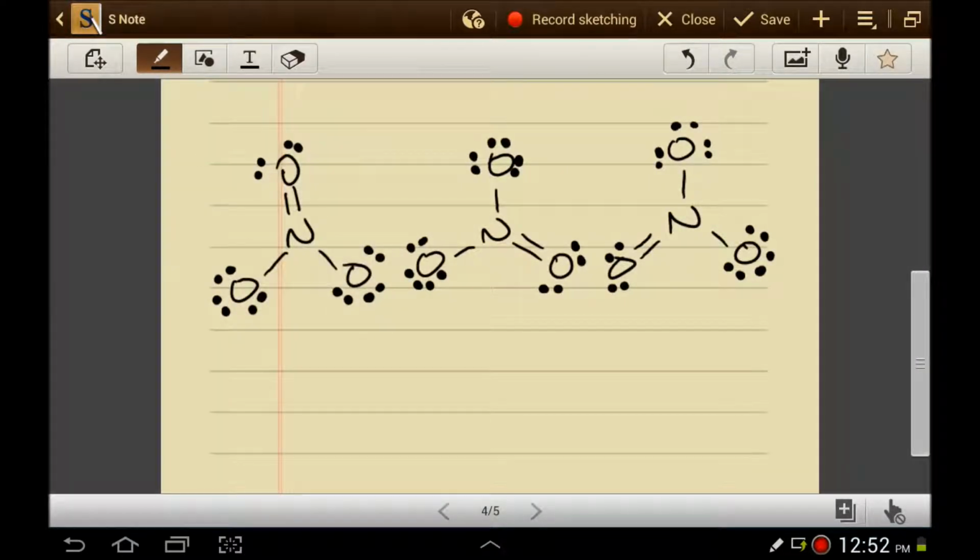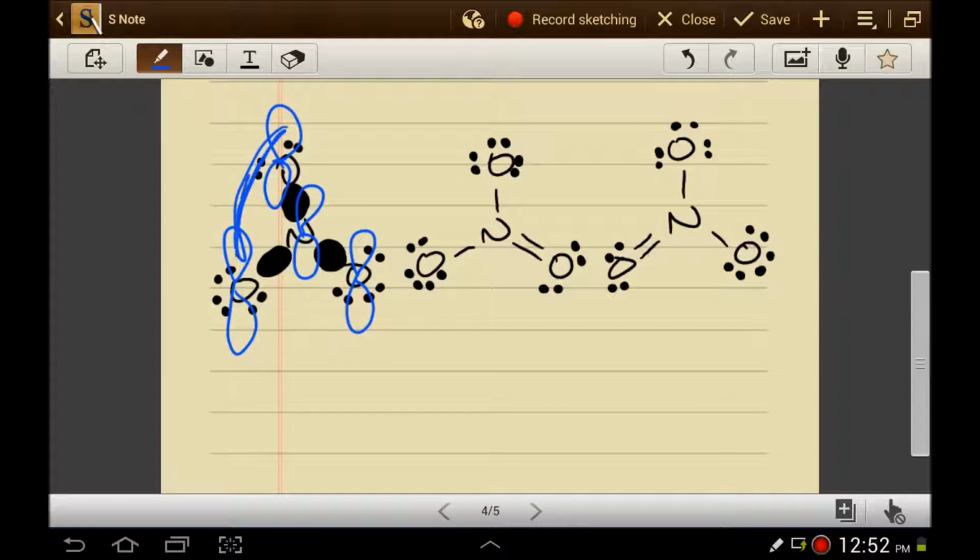We need resonance structures because the double bond is not actually on any one oxygen. The first bond is always a direct overlap between the two nuclei, and then you've got these p orbitals outside of the plane of the atoms sticking up and down. Now you're going to have to imagine this being flat. What can happen here is that the extra pair of electrons making the pi bond is actually occupying all of these, overlapping all at the same time.